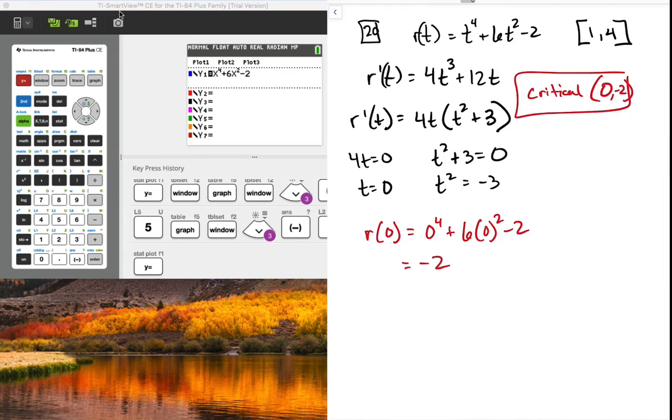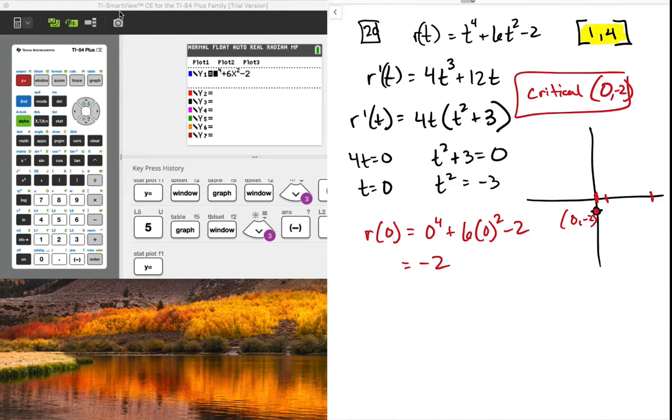All right. Now, let me draw my graph. So my graph here at 0, negative 2, that's going to be where my critical point lies. Now it's interesting because if you look, I'm going to highlight my intervals. It's at 1 to 4. So that's 1 to 4 over here. But you'll notice here that my critical point is at 0, negative 2.